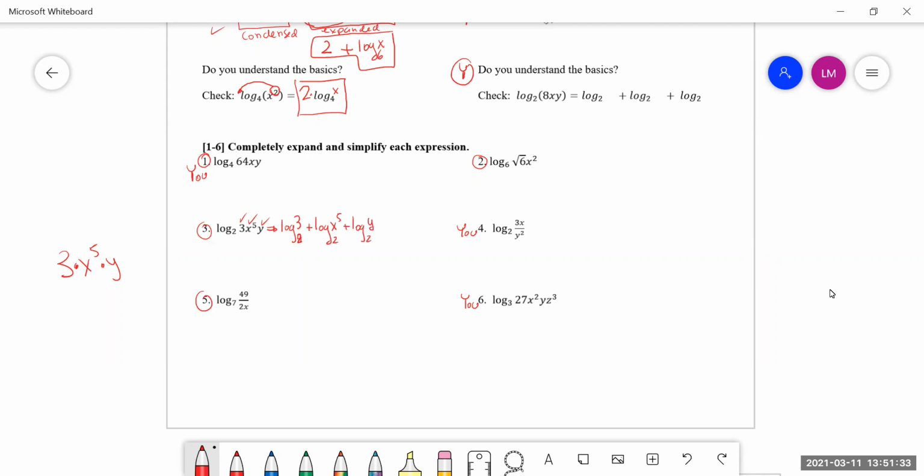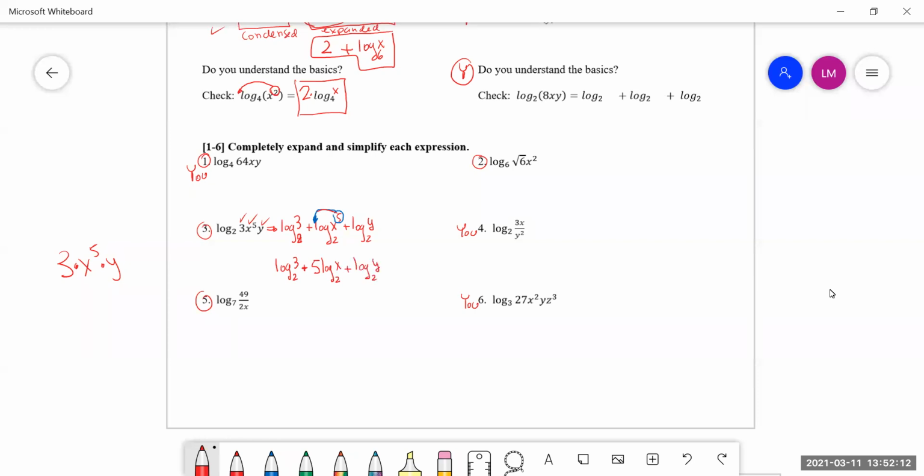If you stop here, you're not going to get full credit because you need to check for all 3 laws of logarithm. And if I pay attention closely, I have an exponent right here. So I can still pull that up to the front of this single logarithm, not to the front of everything else. And this is going to become log base 2 of 3 plus that exponent that's coming to the front, 5 times log base 2 of x plus log base 2 of y.